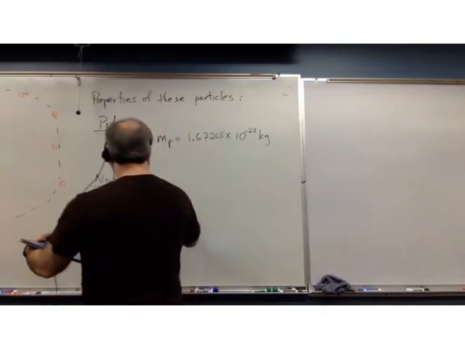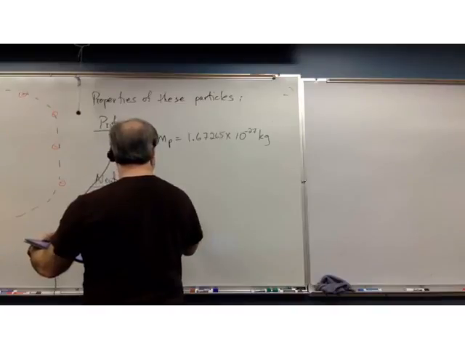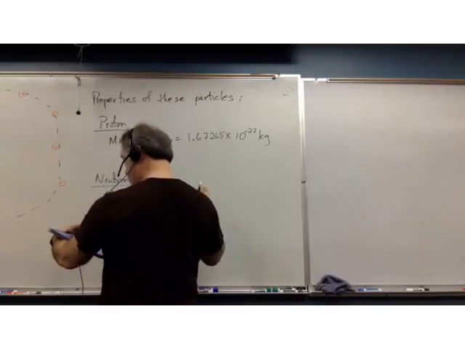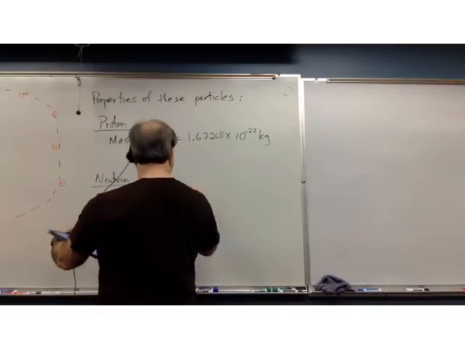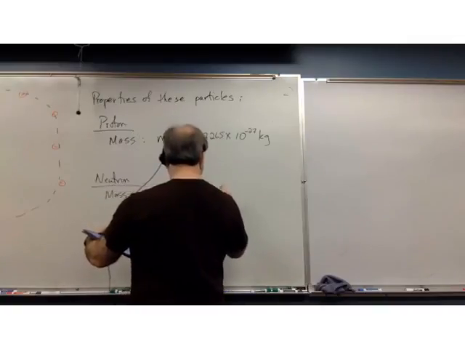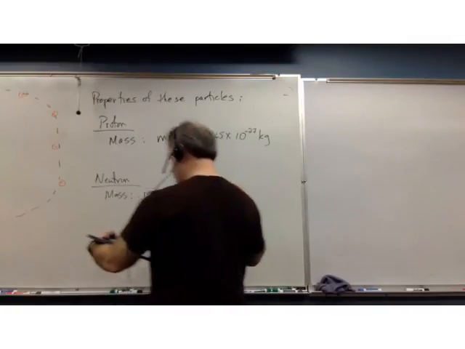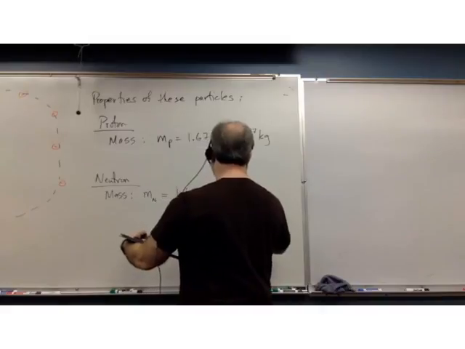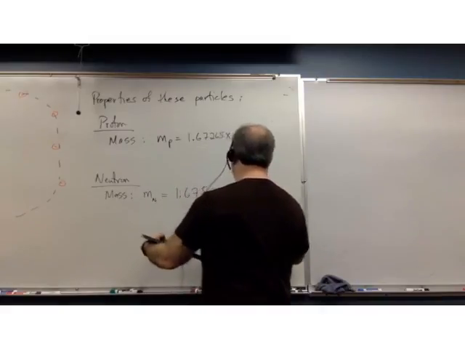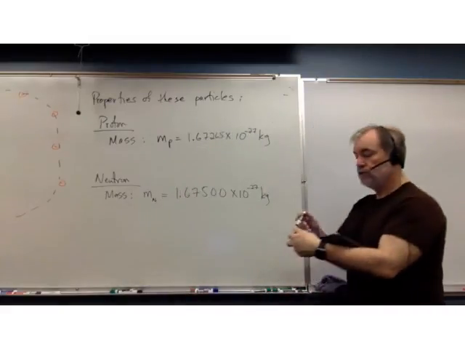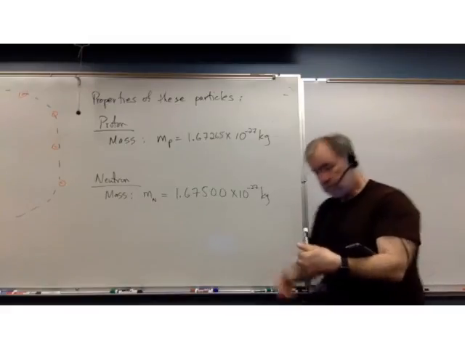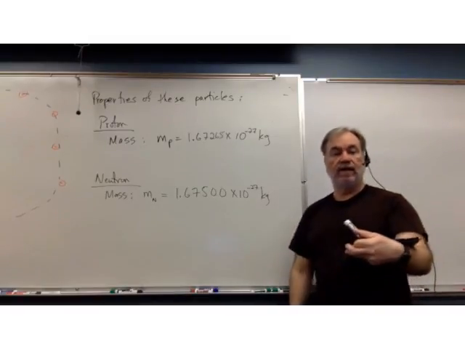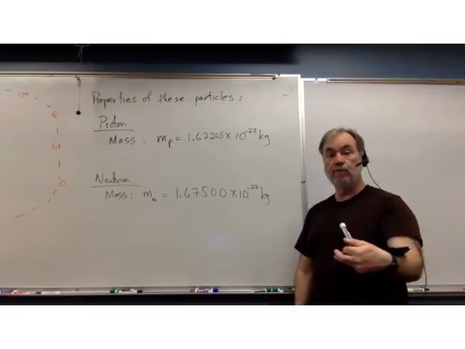Its mass, which I will label m sub n, is 1.67500 times 10 to the minus 27 kilograms. And take a quick look at those numbers, and you'll see that the neutron has very slightly more mass than the proton.